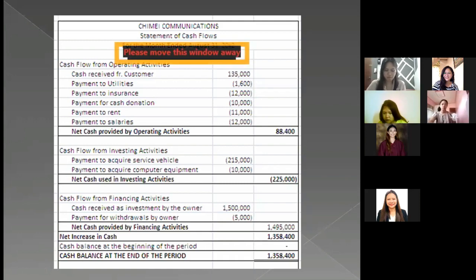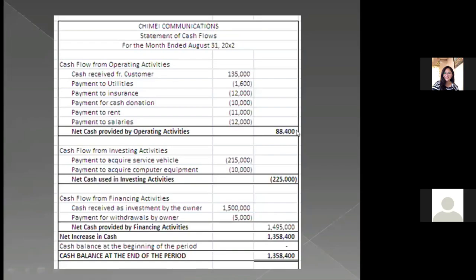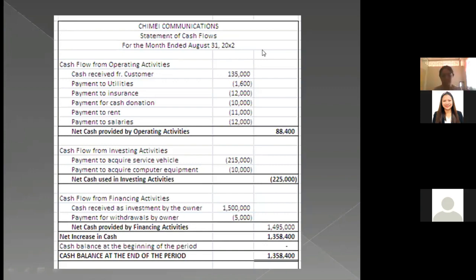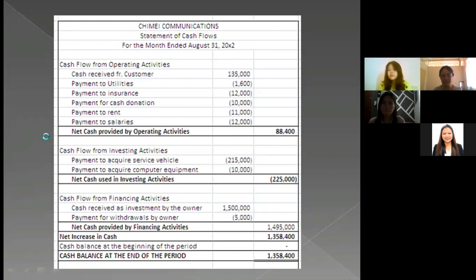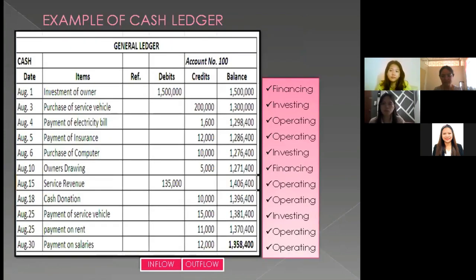Next, cash flow from financing activities. So, dito sa transaction na to is may 2 tayong na-classify na financing activities. Yung investment of owners, kaka yung owners withdrawal.